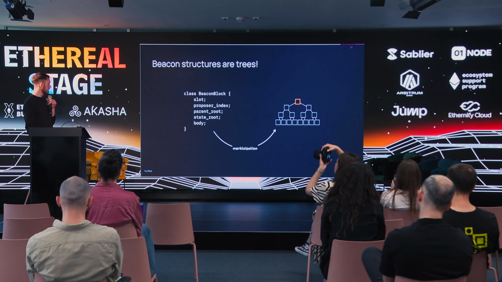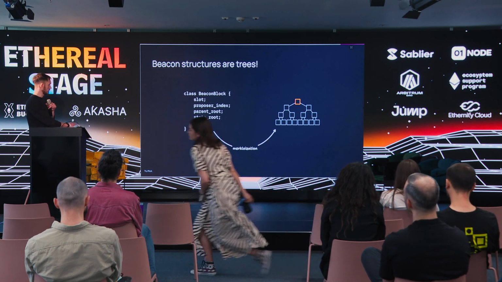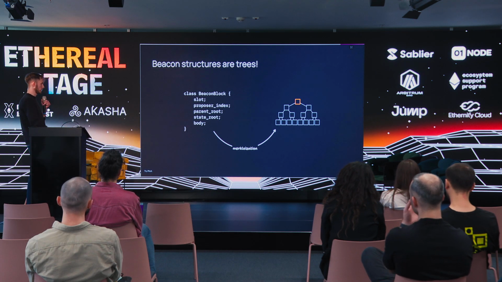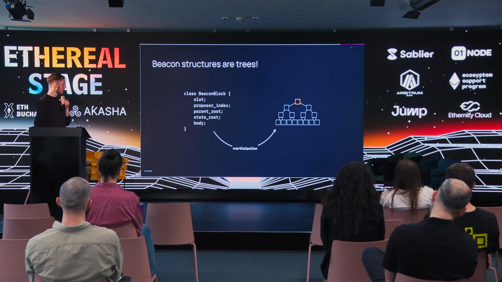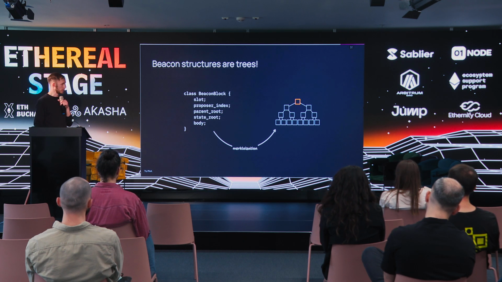And the thing is that beacon structures are also trees. On the left side, you see the definition of the beacon block as it is now. In the process of Merkleization, a Merkle tree is built on top of the structure, and its root is actually the beacon block root we see on beaconcha.in, for example.